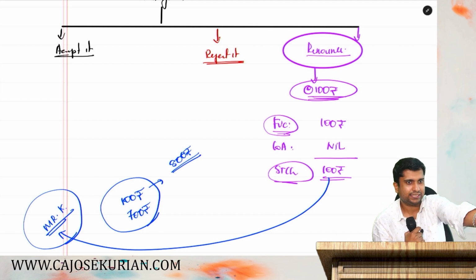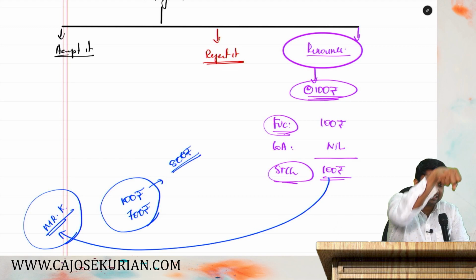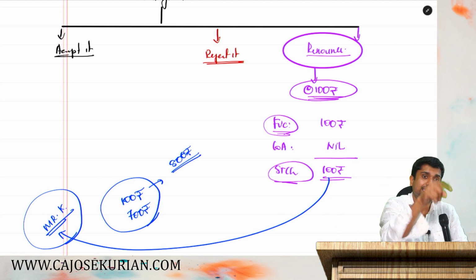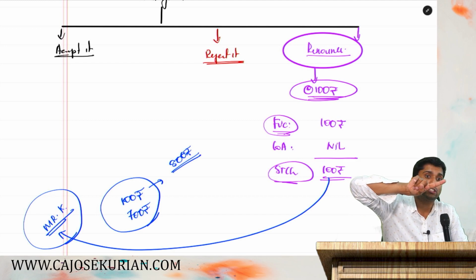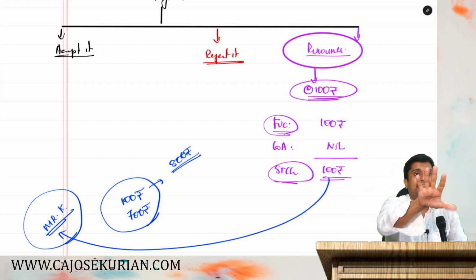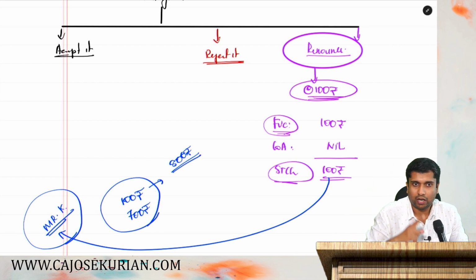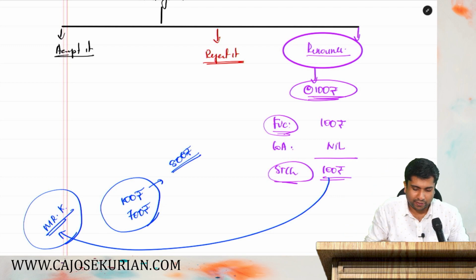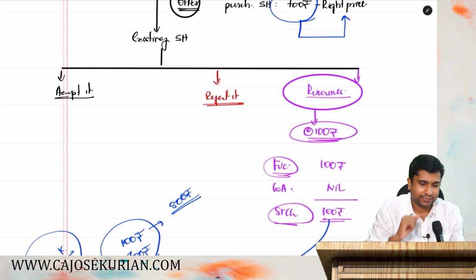Now the renouncee, when he purchases right shares, will have to pay the right price of 700 plus the right entitlement cost of 100. So the total cost of one share for him shall be 800 according to our example. I hope you got my point, and the right shares treatment, the complete treatment, we have discussed here.